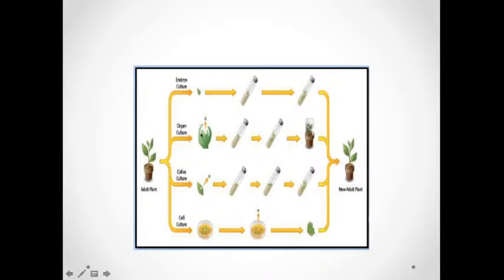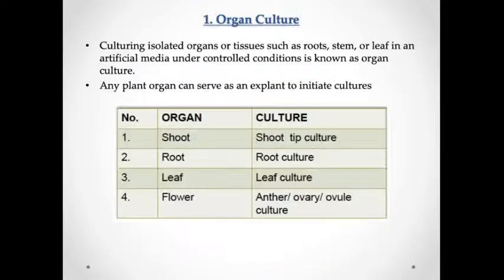The same goes with organ culture. You take the organ, and the process goes like callus. Whereas in cell culture you do it in the petri dish, you get your cell suspensions, and from there you can grow a whole new adult plant. So this is how all four categories work as a basic principle.